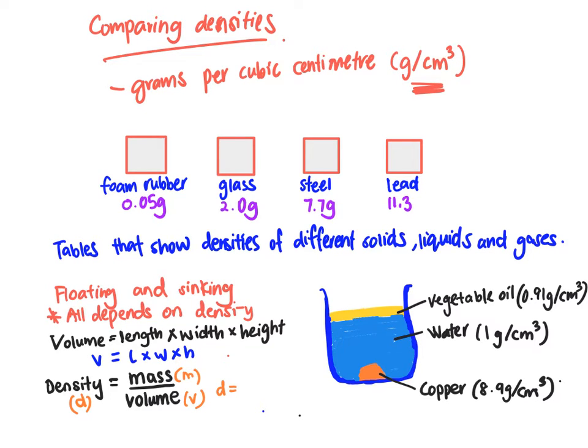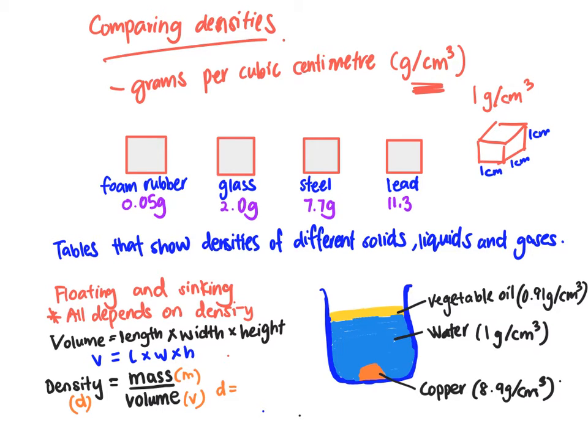It is gram per cubic centimeters. 1 gram per cubic centimeter pretty much means 1 cube that measures 1 centimeter by 1 centimeter by 1 centimeter.